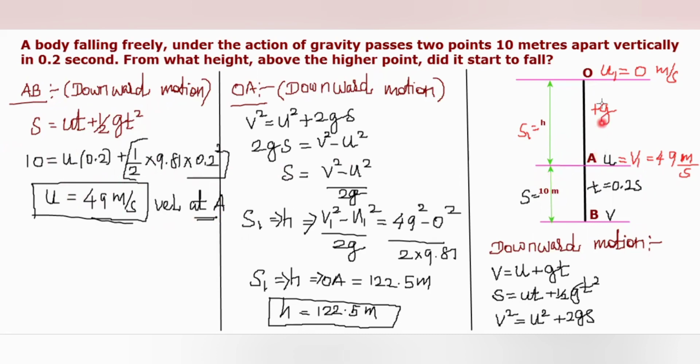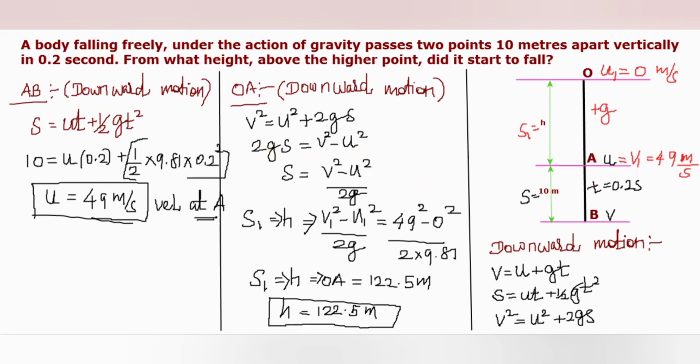After that, consider the segment OA. That's also a downward motion. At point O it is a free fall, so I mention all the values with a suffix 1: U1 equals 0, acceleration is plus G, and the distance OA is S1. The velocity at point A, which we calculated, is the final velocity in segment OA, that is V1.